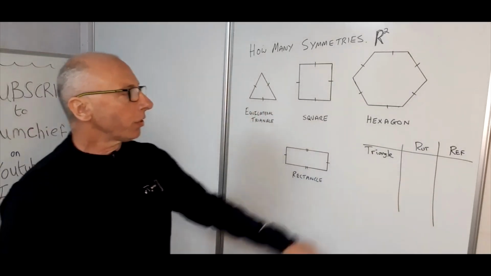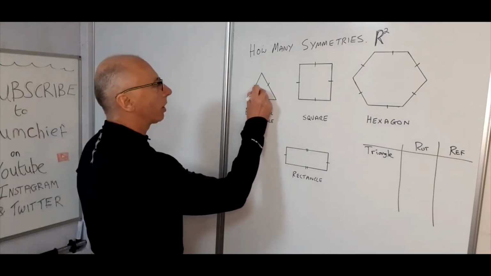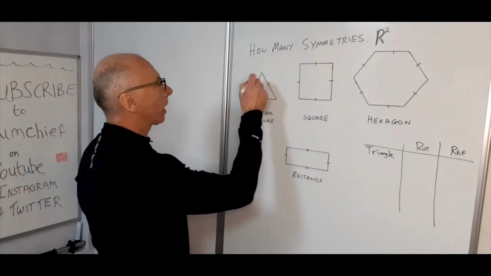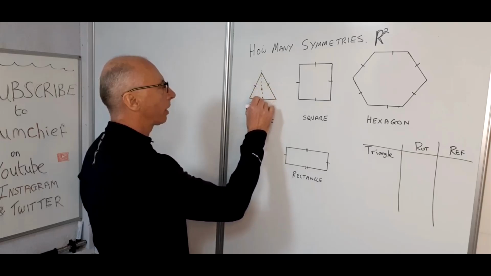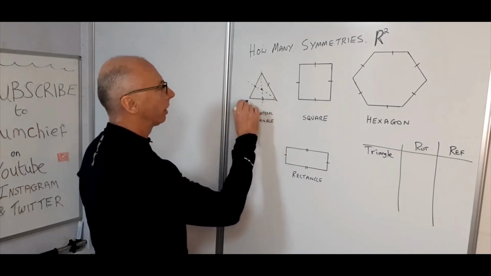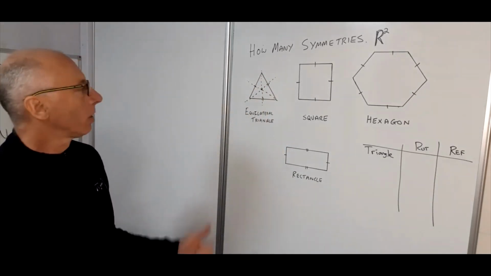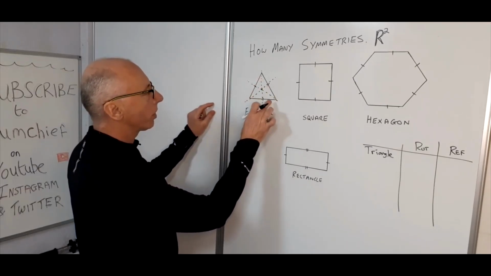So rotations first, let's have a look at that. If we put the centre of the triangle here, how many times can we rotate this triangle? If we put a little line down here, a little line down here, and another line here. Our first rotation is going to get this side onto this side.